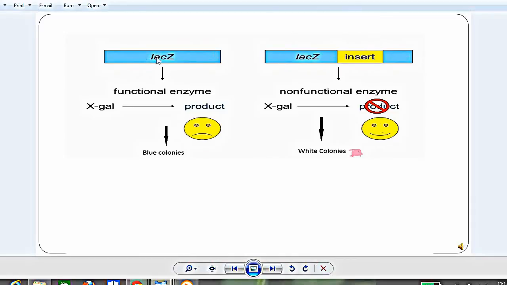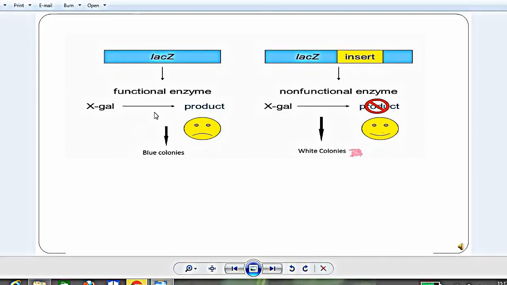In many cases, the plasmid itself gets ligated to itself, and a functional alpha subunit will be produced. This alpha subunit will combine with the host omega subunit to form a functional beta galactosidase, which will cleave the chromogenic X-gal substrate to produce blue color.